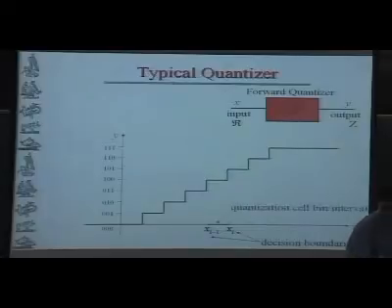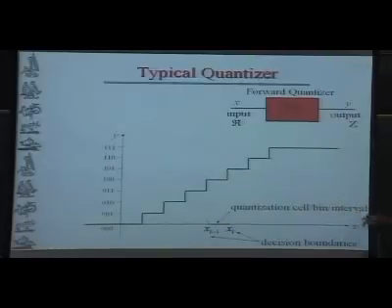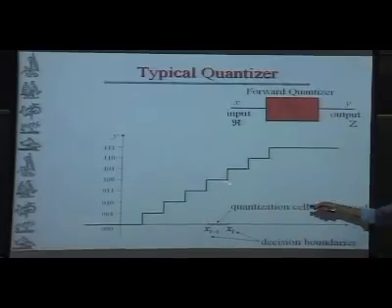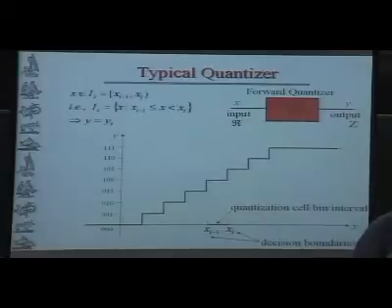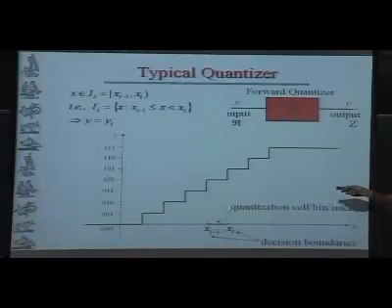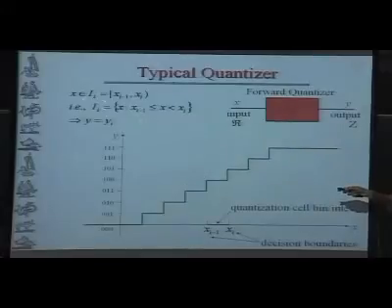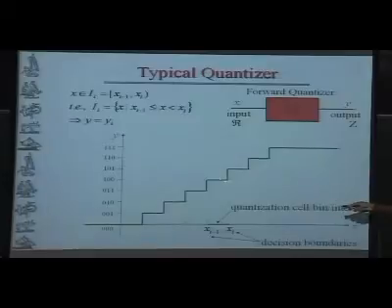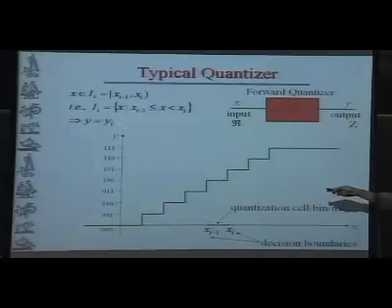This is called a quantization cell, or a quantization bin, or a quantization interval. And you get translated to here. So the mathematical operation is this. When x belongs to that interval, then the output y is just y_i.